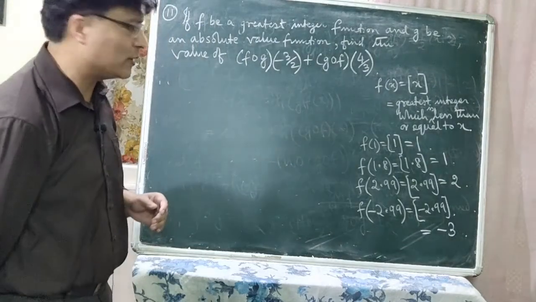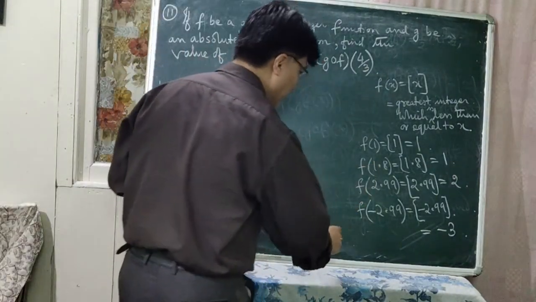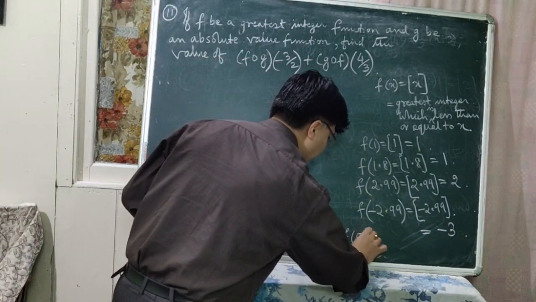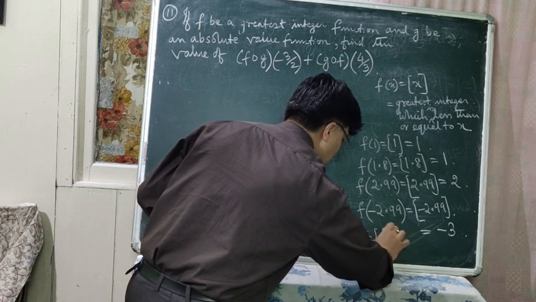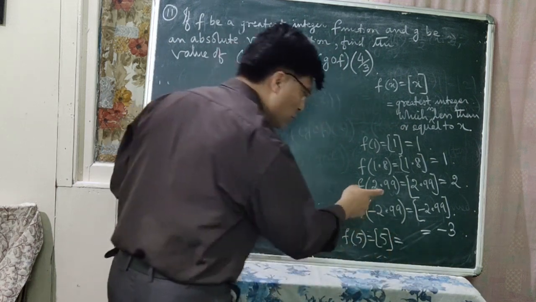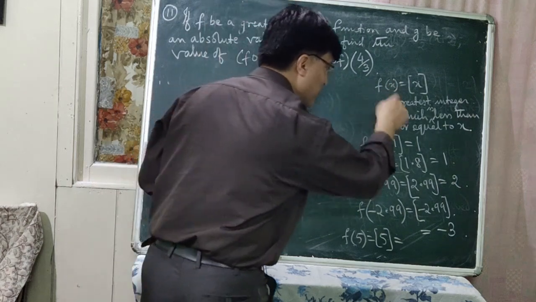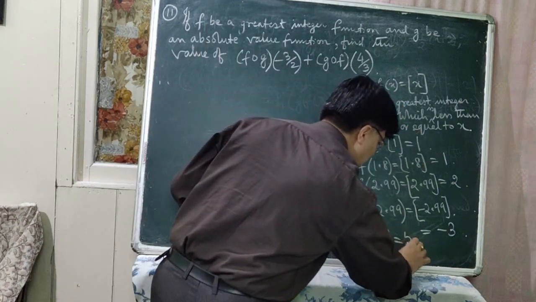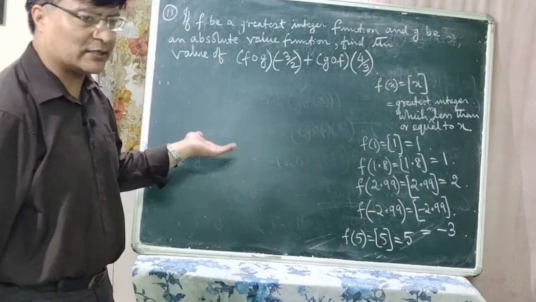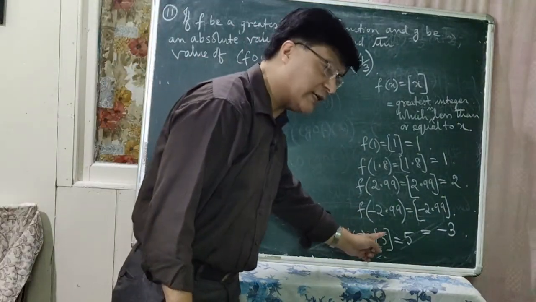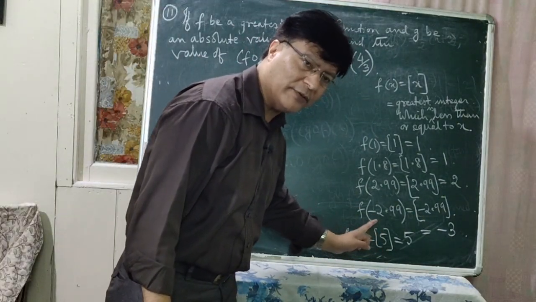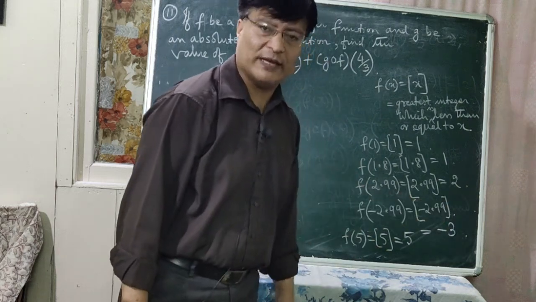So I think you have understood it. If you have f of 5, which is equal to [5], so this 5 is the greatest integer, which is equal to x, means which is equal to 5, because it is an integer itself. So within third bracket, if it is 5, you have to write is equal to 5.